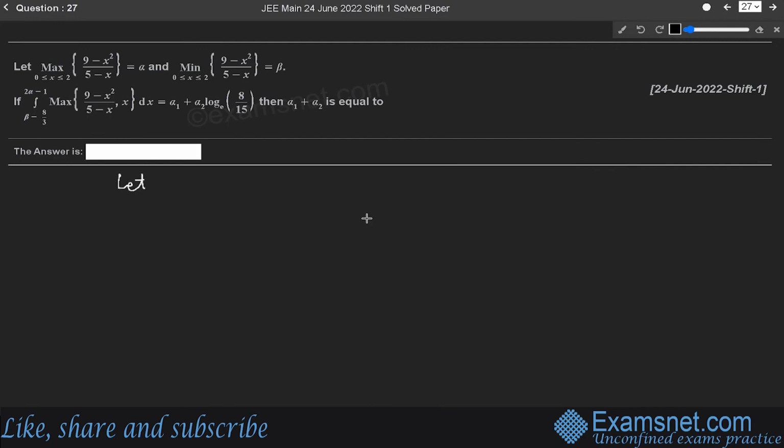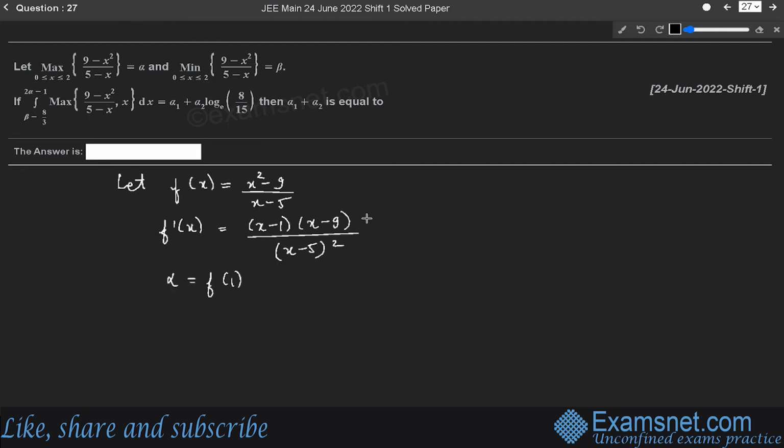Let f of x be equal to (x square minus 9) divided by (x minus 5). So f dash x will be equal to (x minus 1) into (x minus 9) divided by (x minus 5) whole square. So alpha will be equal to f of 1, which is equal to 2, and beta will be equal to the minimum of f of 0 and f of 2, which will be equal to 5 by 3.